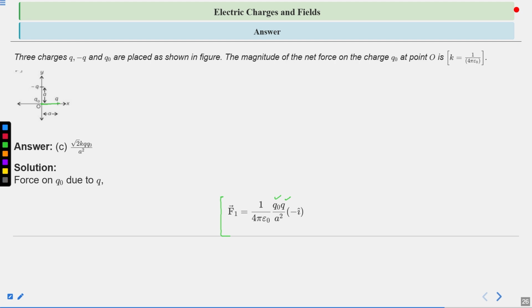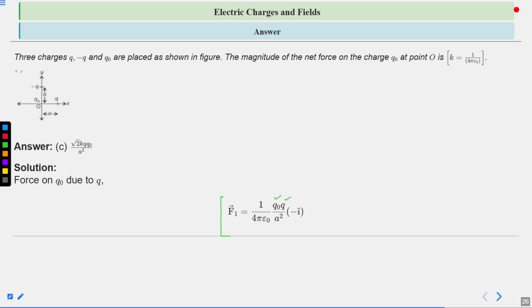Both are positive, so the direction is in this direction, minus i cap.